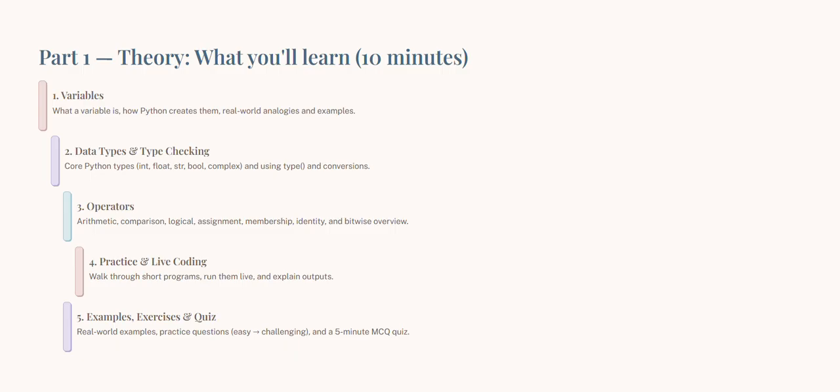All this will be in this lecture. Practice and live coding will be there. I'll show you short programs and run them on an online compiler, and then we'll see more. Examples, exercises and quizzes will also be there.